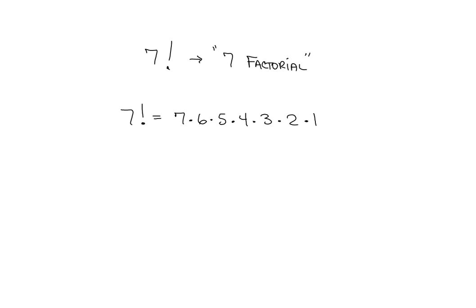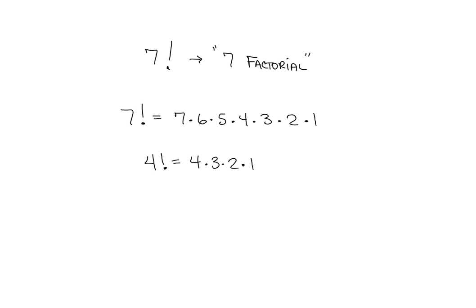That's what 7 factorial means. It means you start with that number and you multiply by each integer decreasing by 1 each time until you get down to 1. So you end with 1. Everybody understand that? So 4 factorial would just be 4 times 3 times 2 times 1. Okay? Everybody got that? So that's what factorial means.